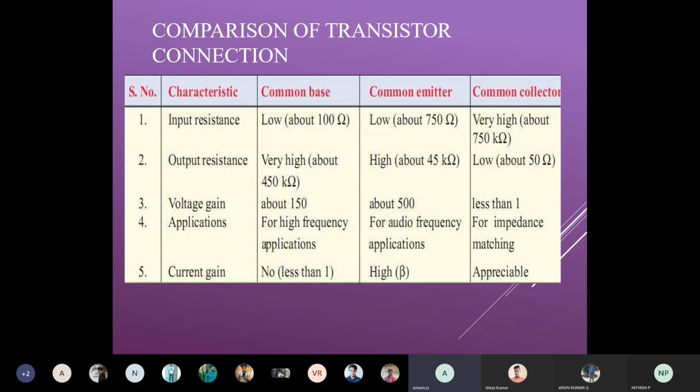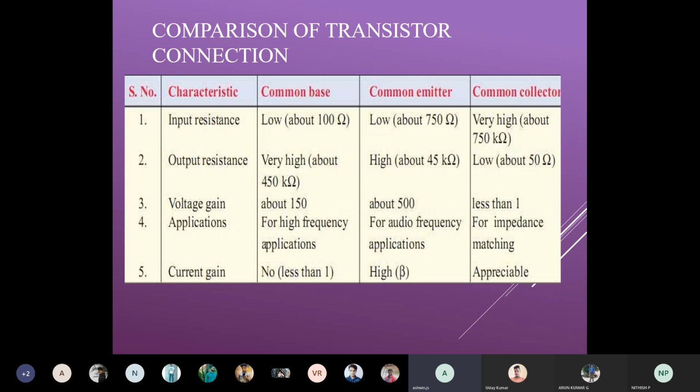And if you go for a common emitter, the beta value, I told you, is 220 to 500. So it represents that it will improve the current 500 times from your input. See, it will improve the output current with respect to your input. Suppose I'm giving 1 milliamp to your input, output will be 500 milliamps.